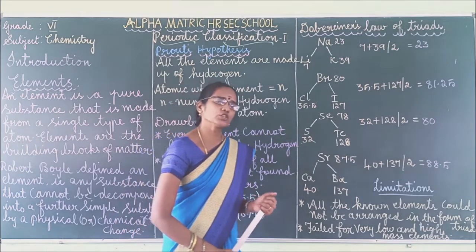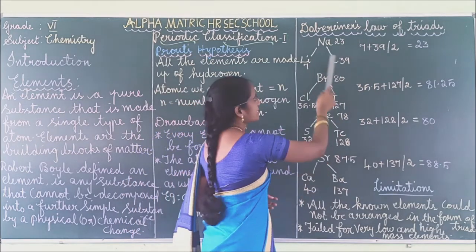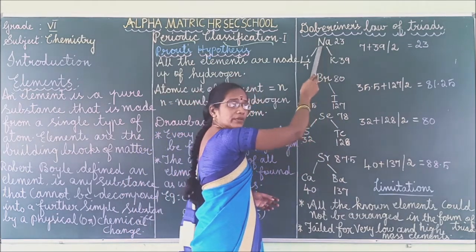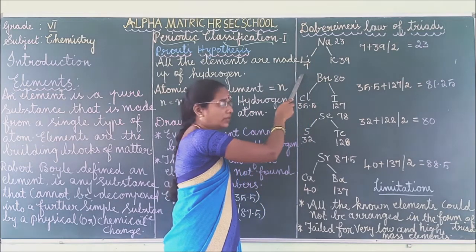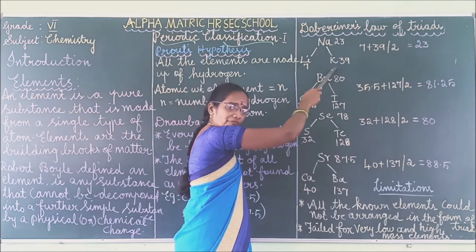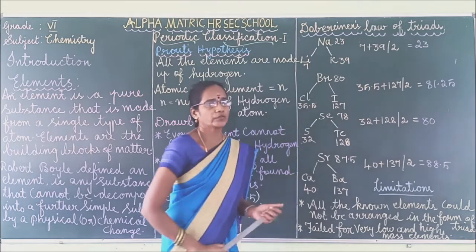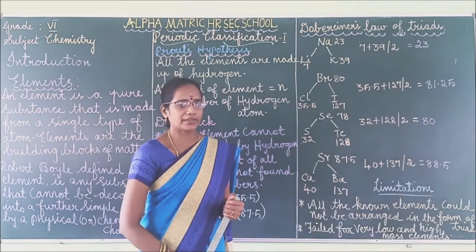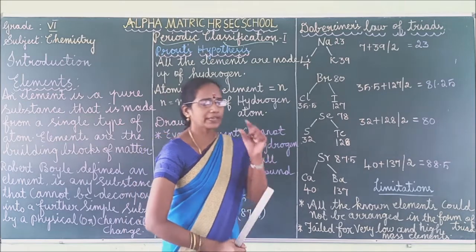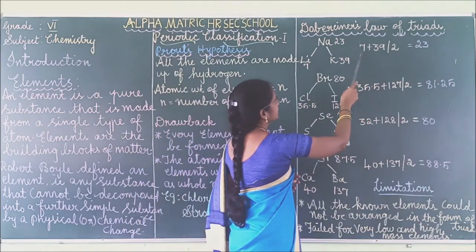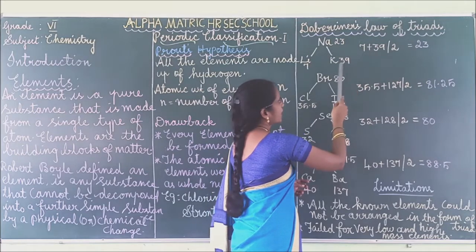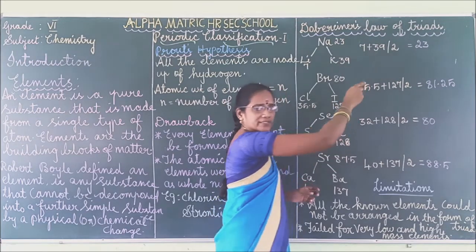So here we use the formula: atomic weight of sodium is equal to the atomic weight of lithium plus the atomic weight of potassium, divided by 2. We are taking the average, the arithmetic mean, isn't it? So see, 7 is the lithium atomic weight and for potassium it is 39.